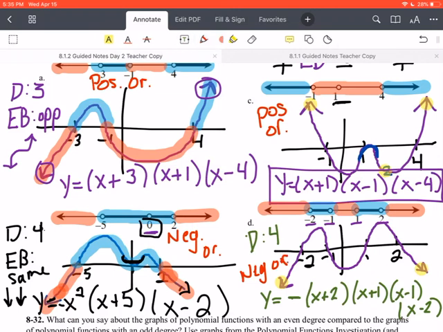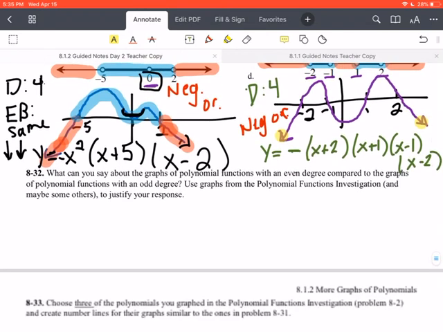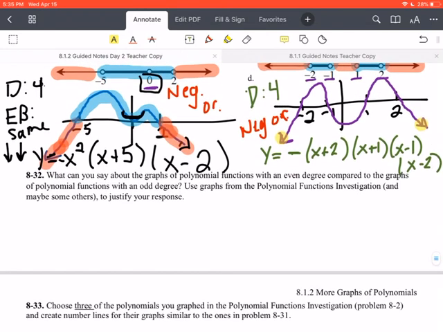All right. So, it says, what can we say about graphs of polynomial functions with even degrees compared to graphs of polynomial functions with odd degrees? Use what we did in 8.1.1 and maybe what we just did to justify our response. Okay, well, if we are looking at end behavior, that's really what I want to focus on.